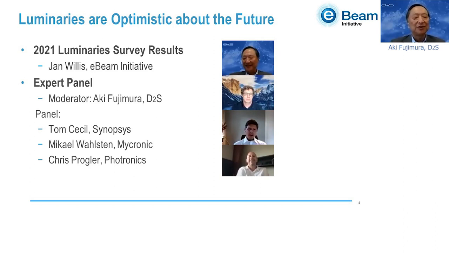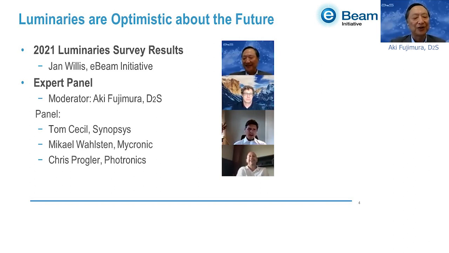Mikael Wahlsten is the head of pattern generation strategy and development at Mycronic, a company in Sweden that manufactures laser-based mask-making machinery. He has led the flat panel display mask business, as well as the recent re-entry into semiconductor photomask making in the mid-range, targeting 130 nanometer, 90 nanometer, those kinds of ground rules.